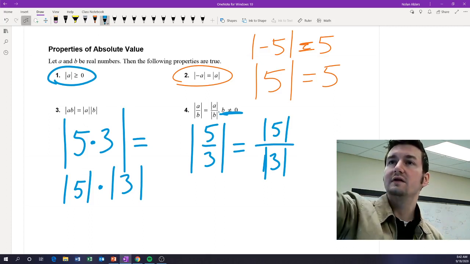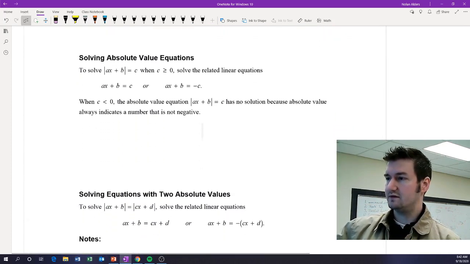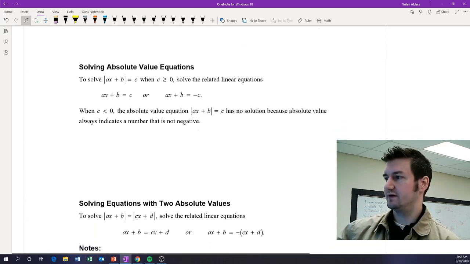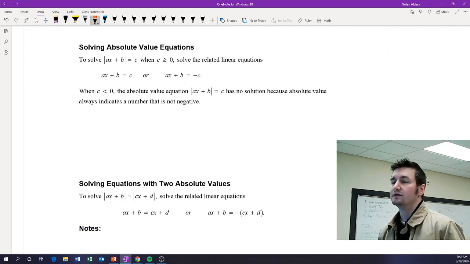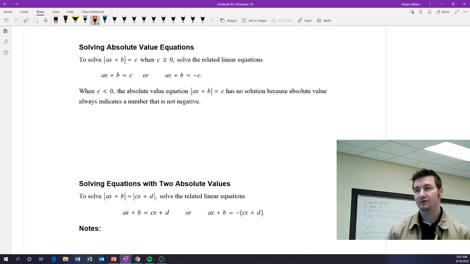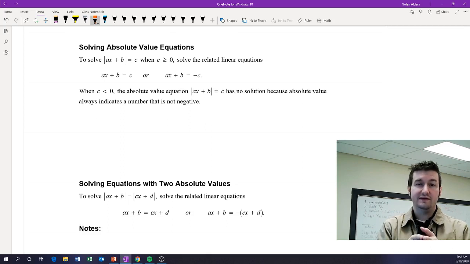Alright, let's go down now and actually apply these properties. So let's look at how to solve an absolute value equation. To solve an absolute value equation, really what we're going to do is split the equation into two parts.